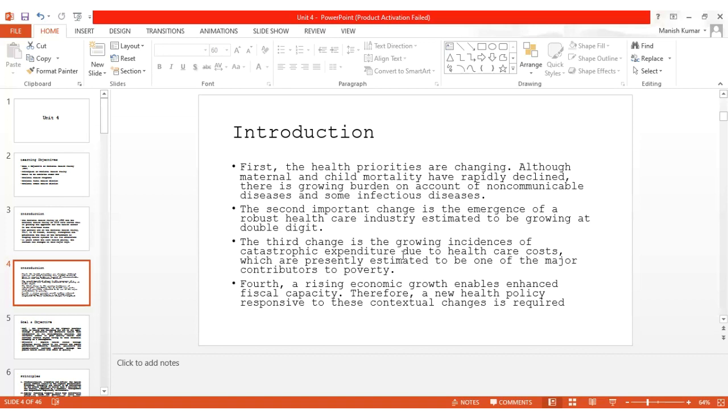That is the biggest change there. The third change is the growing incidence of catastrophic expenditures due to healthcare cost, and the cost towards health is one of the contributors taking us towards poverty.